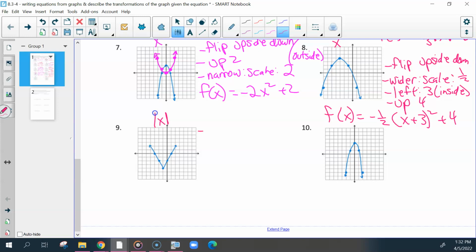Went down 4. Left 1. Anything else? Stretch. Stretch by 2. So in this case, it wouldn't be a switch because it's right side up. If it was upside down, then we could say it was switch.